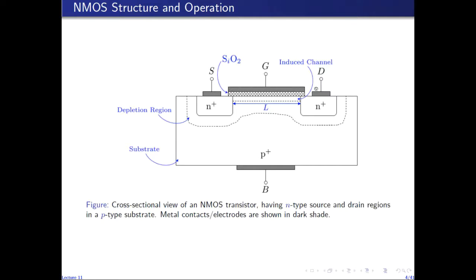All of these shaded areas represent metal contacts or metal electrodes. This is the electrode for the source terminal. This one is for the drain terminal. This is for the body terminal, and this here is for the gate terminal. The gate electrode is separated from the body by this layer of silicon dioxide, which acts as an electrical insulator between the gate and the substrate.